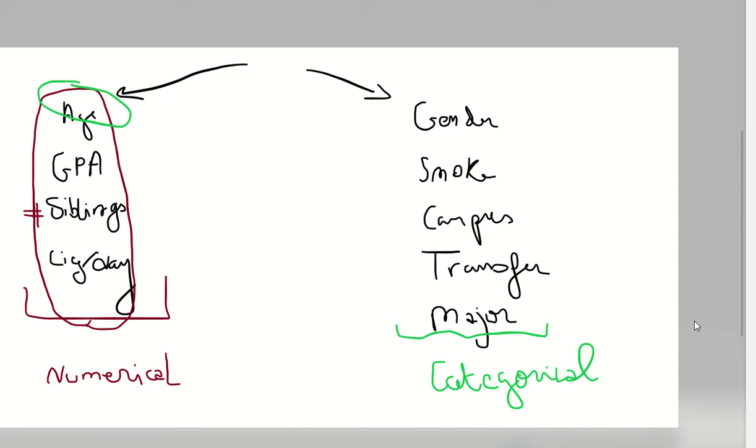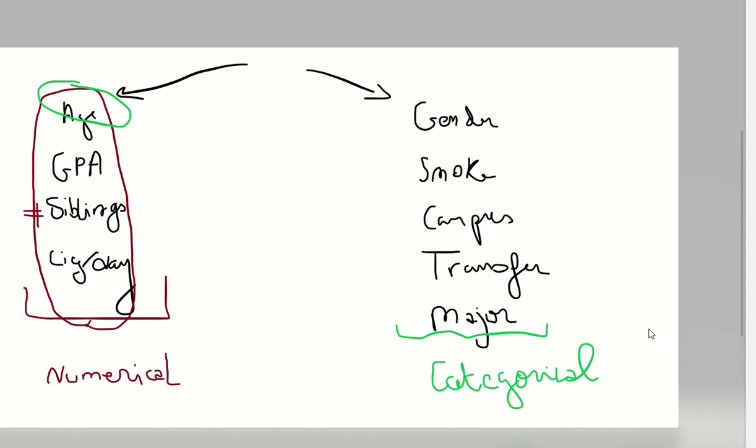But the size of the cancer measured in centimeters, that is numerical. So every time you measure size, you measure distance, you measure time, that is a numerical variable that produces real numbers that could be utilized in a number fashion.